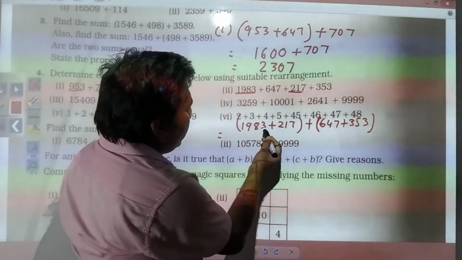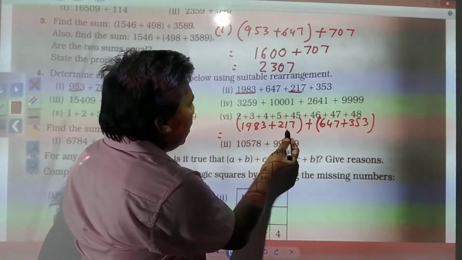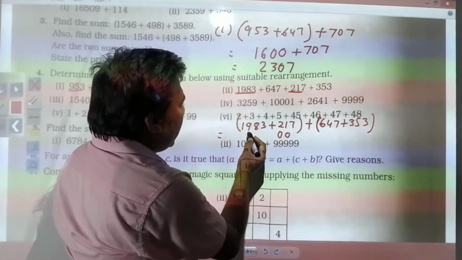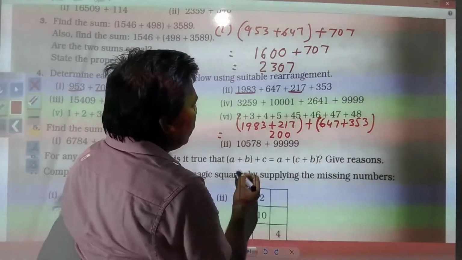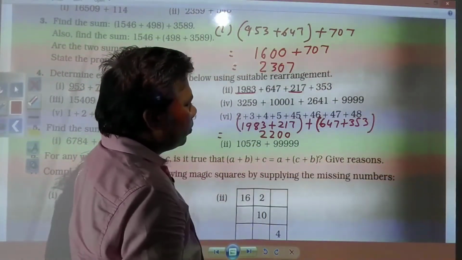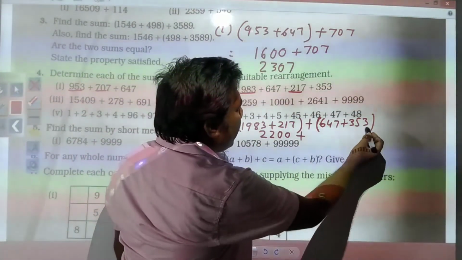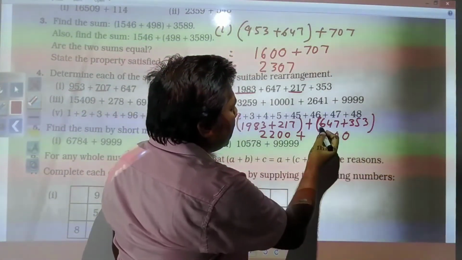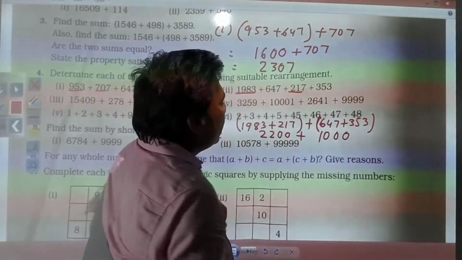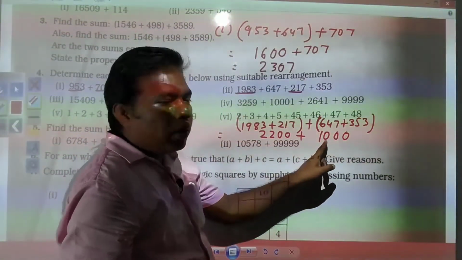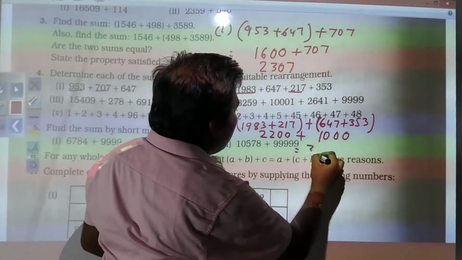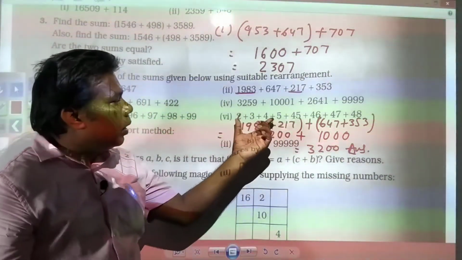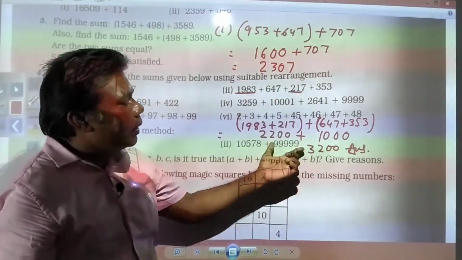You see 3 and 7, 10, 1 and 8, 9 and 1, 10, 2 and 9, 11 and 1, 12, 1 you have, this became 2, plus 7 and 3, 10, 4 and 5, 9 and 1, 10, 3 and 6, 9 and 1, 10. So here you have 2200 and 1000. It means 3200, and this is your answer. So in this way you need to group numbers, you need to rearrange numbers and can be added.